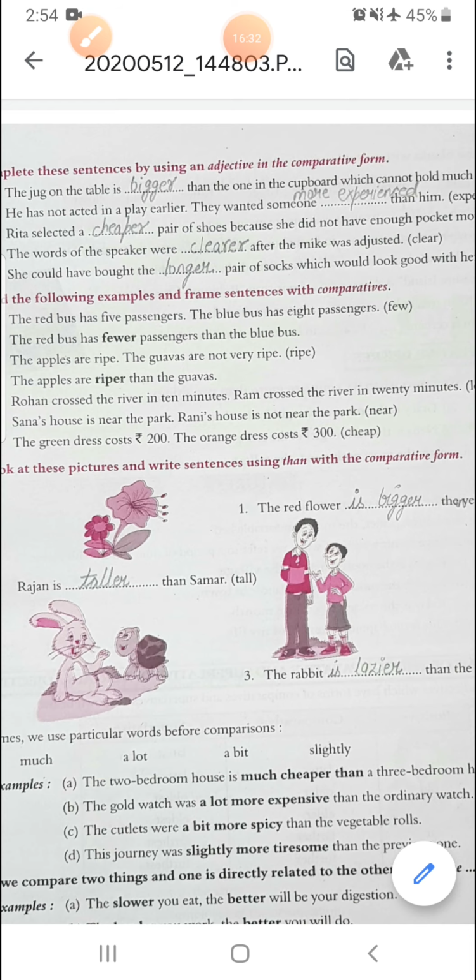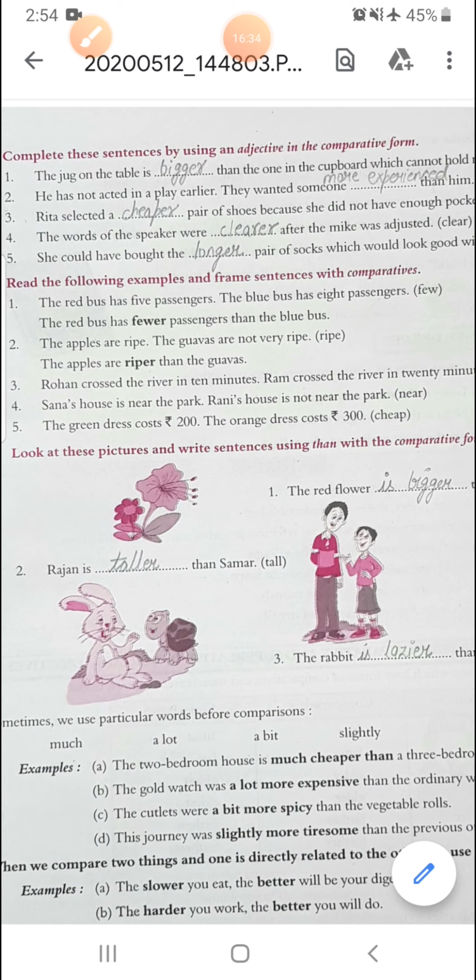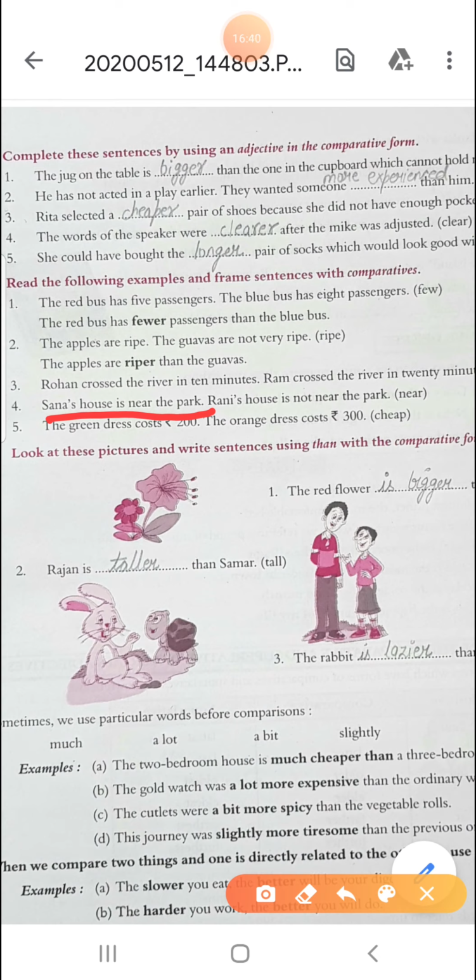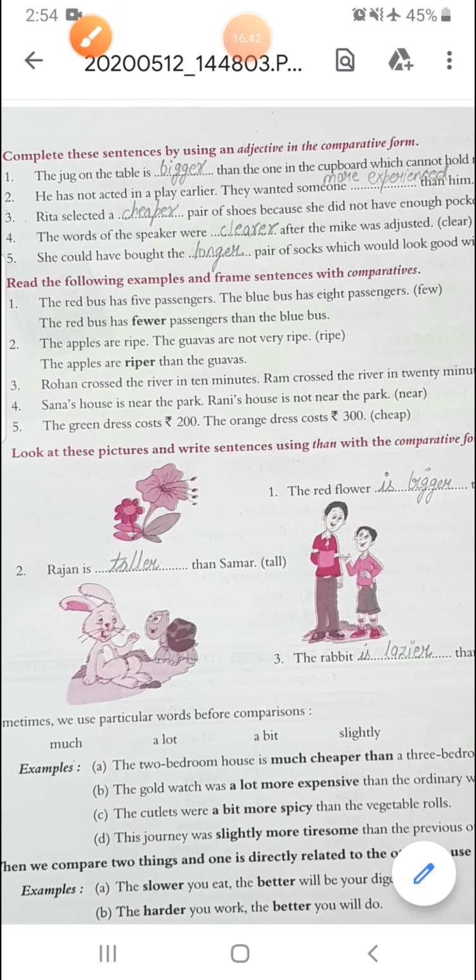Alright. Fourth is Sana's house is near the park. Rani's house is not near the park. You have to use word near. The comparative form of near is nearer. So it will be Sana's house is nearer to the park than Rani's.